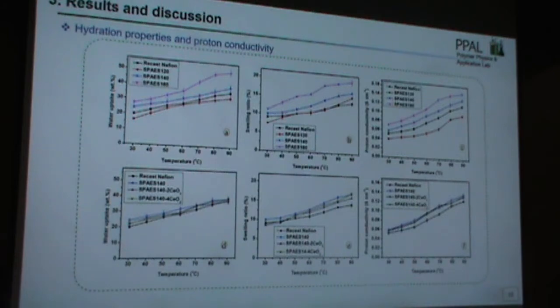When I increase the sulfonic acid concentration from 120 to 160, both the water uptake, swelling ratio and proton conductivity increase. And moreover, from figure D to figure F, it shows that when I add 2% of the cerium oxide to the two surface layers, it has no significant effect on the hydration property and proton conductivity of the membranes.